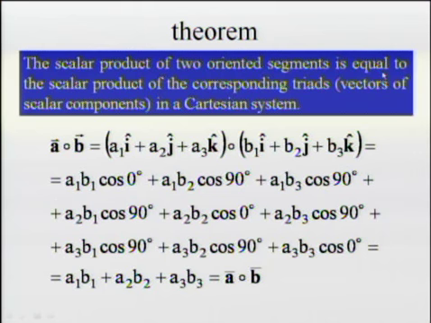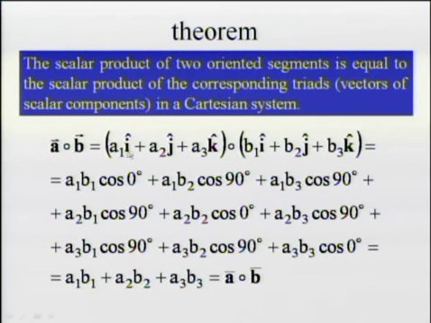Now, if you look at the properties of scalar product, one of them is that scalar product is distributive over addition of vectors. So using this property will result that every term from this sum has to be multiplied by every term from this sum. So here I have the first term multiplied by the first term. Now, the length of this vector is actually the vector component of vector A in x direction.